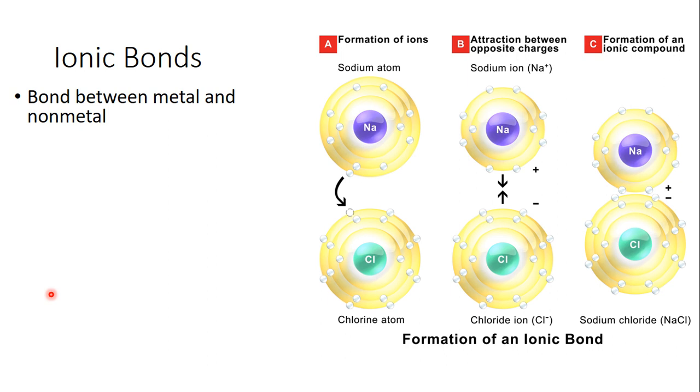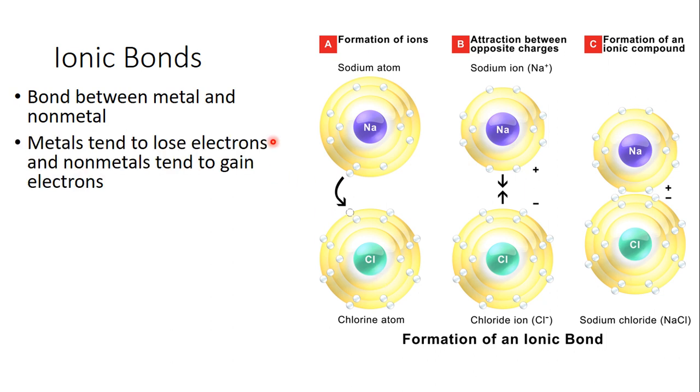So let's talk about ionic bonds, which are bonds between metals and nonmetals. Remember that metals are on the left side of the periodic table, sodium being an example, and nonmetals are on the right side of the periodic table, chlorine being an example.